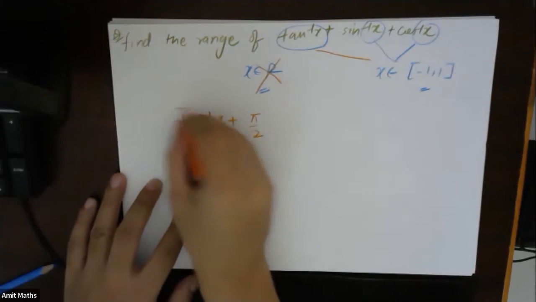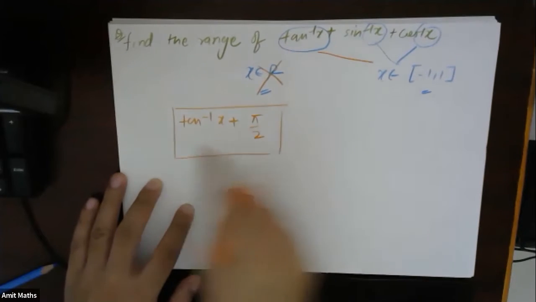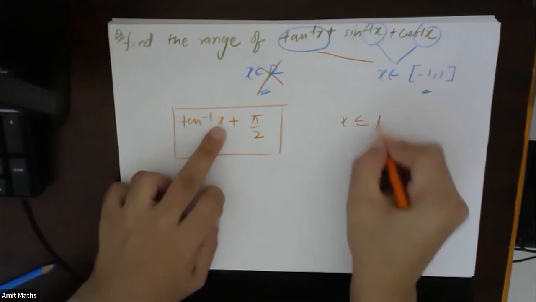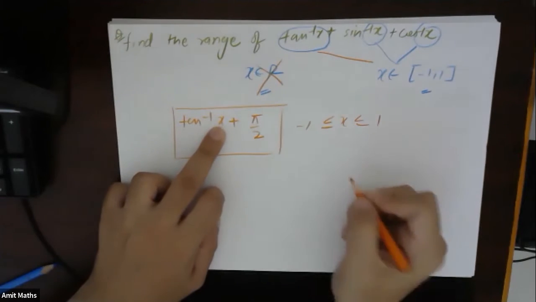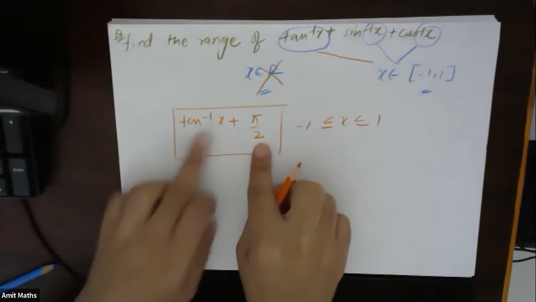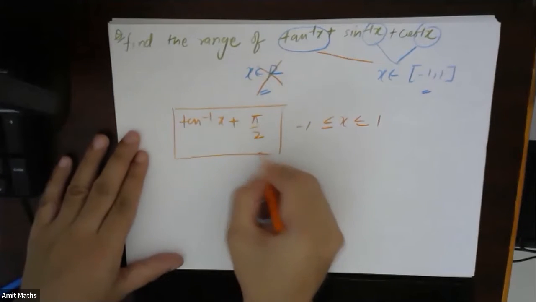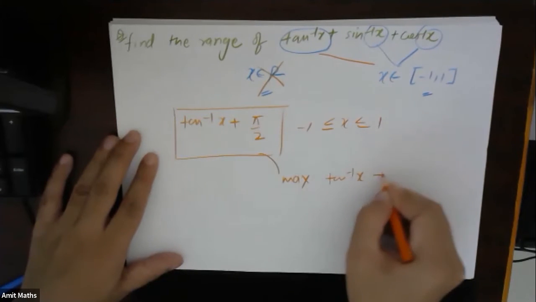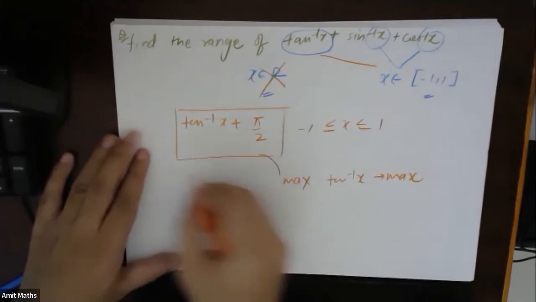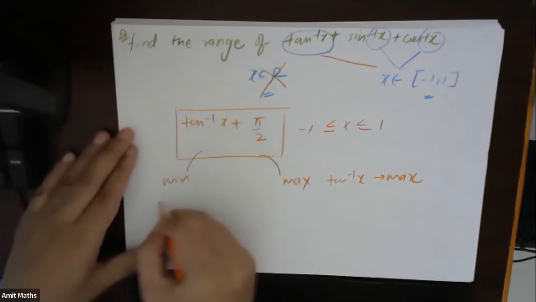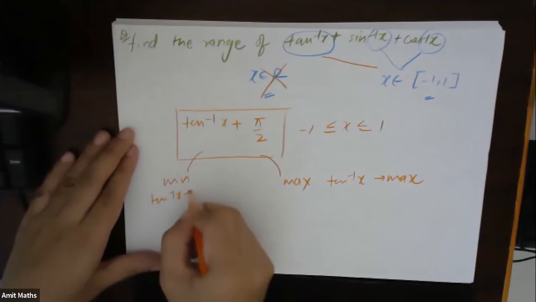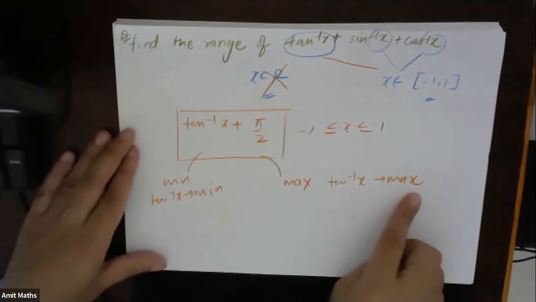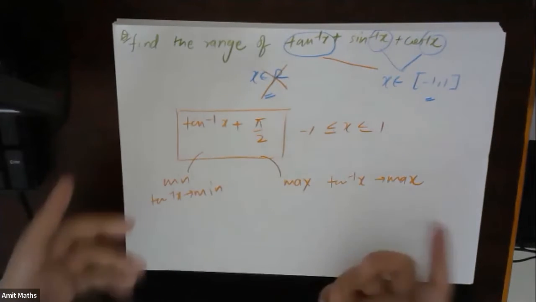Now we just have to figure out what the range of this part is, right? And we are saying that x is less than or equal to 1 and greater than or equal to -1. So this will be maximum when tan inverse of x is maximum, and this will be minimum when tan inverse of x is minimum.